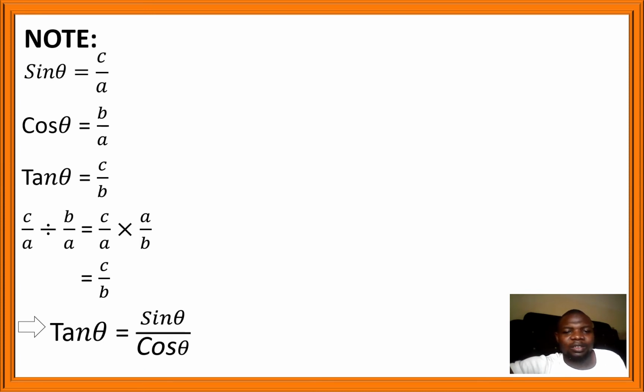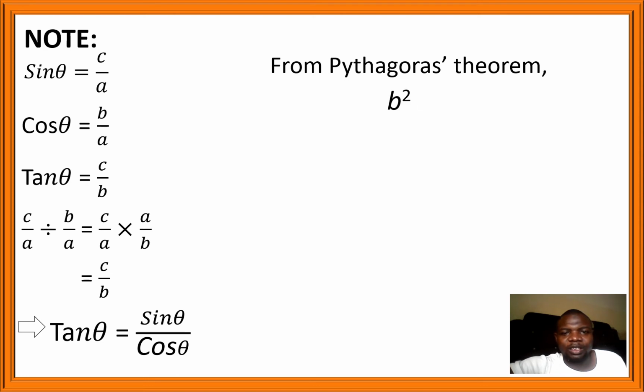Also, since we have a right-angled triangle, we can apply Pythagoras theorem. And from the Pythagoras theorem, the hypotenuse squared, which is a squared, should be equal to b squared plus c squared.